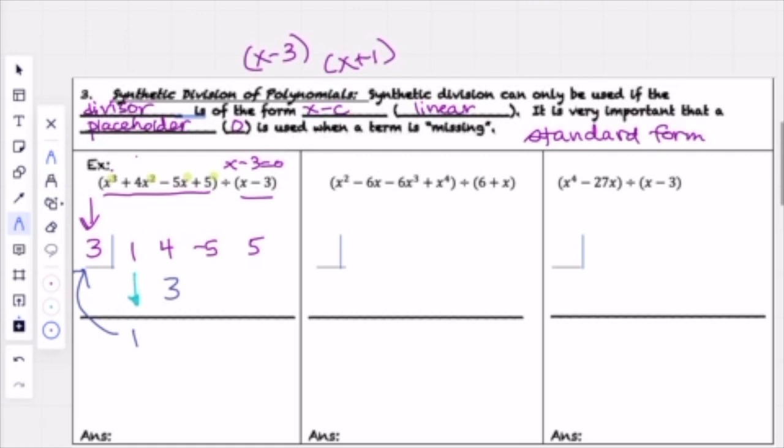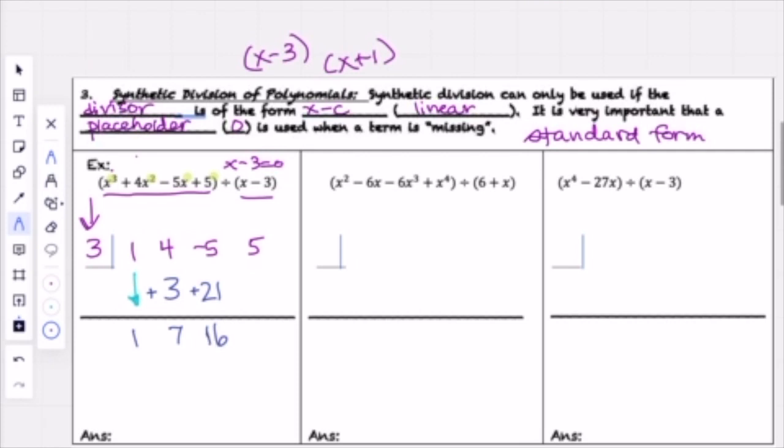Once I have multiplied that, I'm going to add it to what it is falling underneath. So that 3 adds to the 4 and becomes 7. Now I'm going to take the 7 and multiply it by what's in the box, and that's going to be 21. I'm going to add it to what's above it, negative 5, and I'm going to get what? 21 minus 5 is 16.